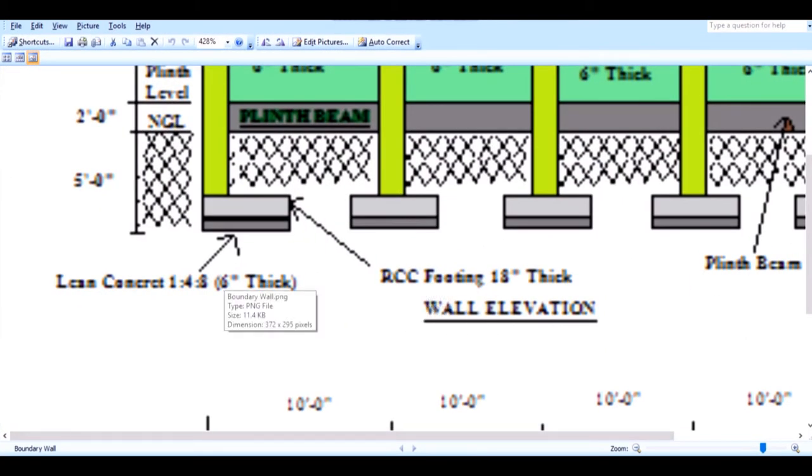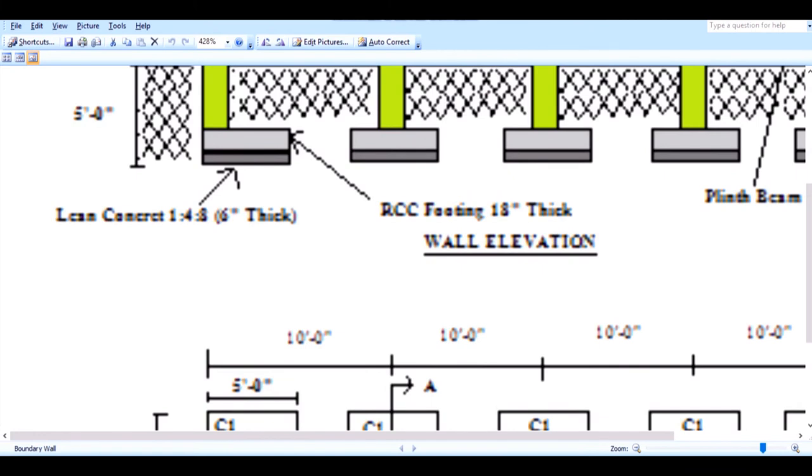After calculating lean concrete, we will find out the quantity of footing. The method of finding out the concrete quantity of footing will be the same as the quantity of lean. The only difference is the thickness of RCC footing is 18 inches thick, mentioned here.